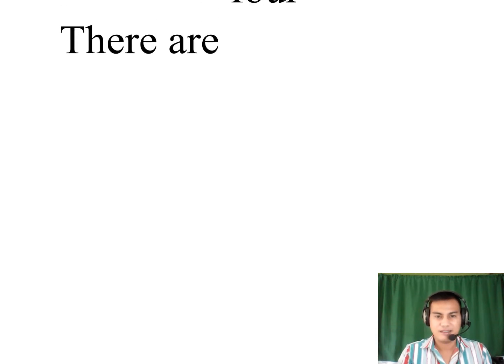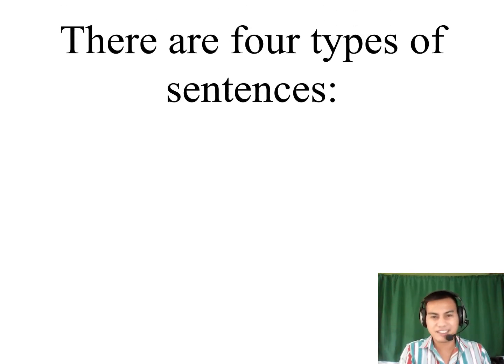So this time we will be talking about sentences, but this time we will be talking about the types of sentences according to their function or purpose. There are four types of sentences according to purpose or function, whether you'd be asking a question, narrating or telling a story, asking people to do something, or shouting to express an emotion.